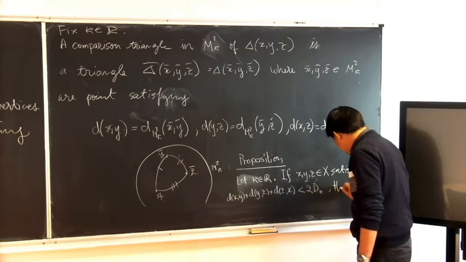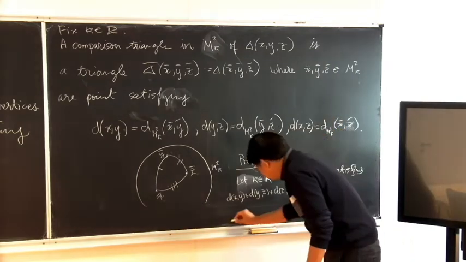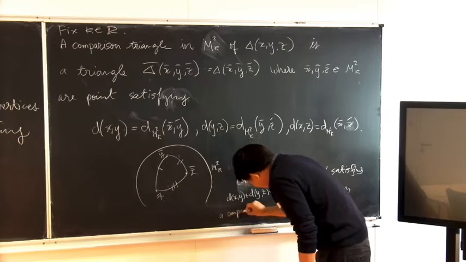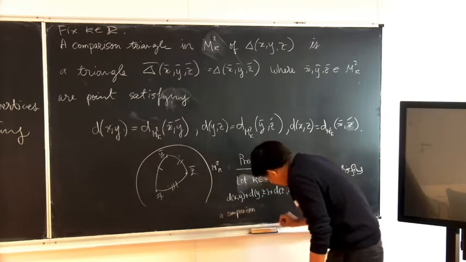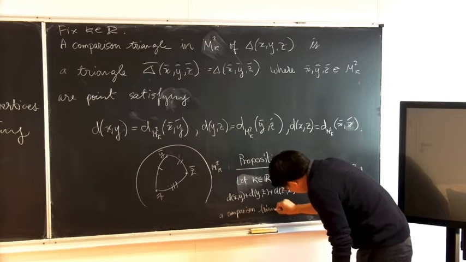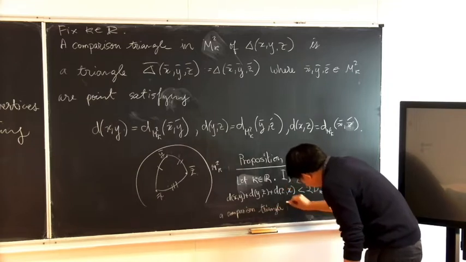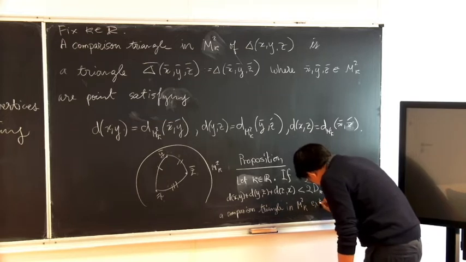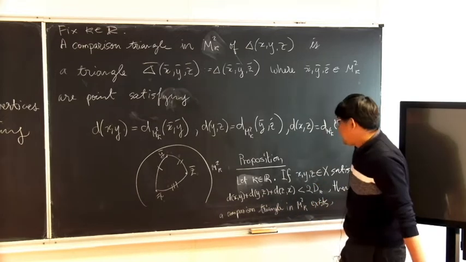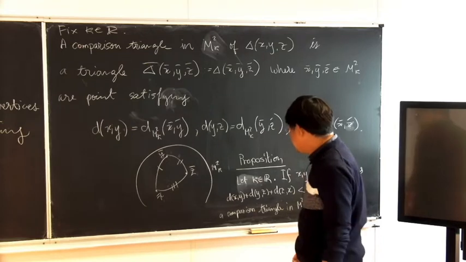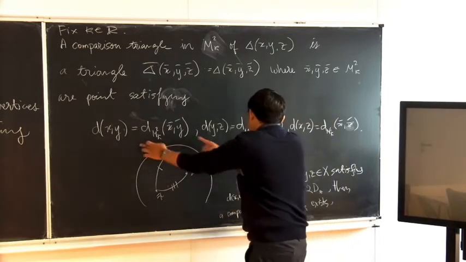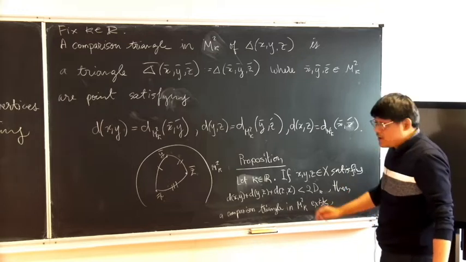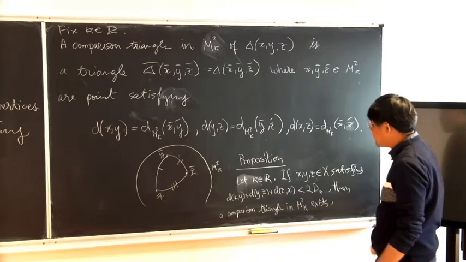Then a comparison triangle in M2 kappa exists. And by saying that it exists due to these conditions, such a comparison triangle will be unique up to isometries.